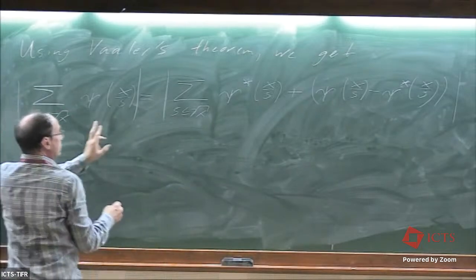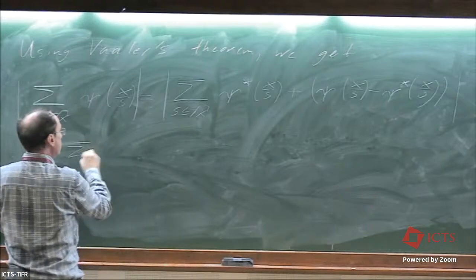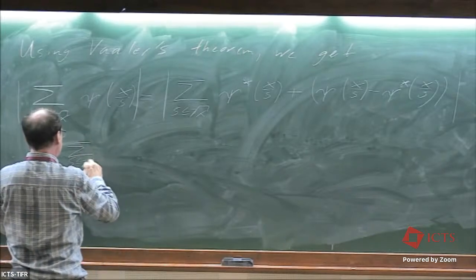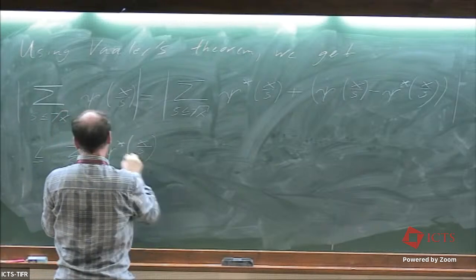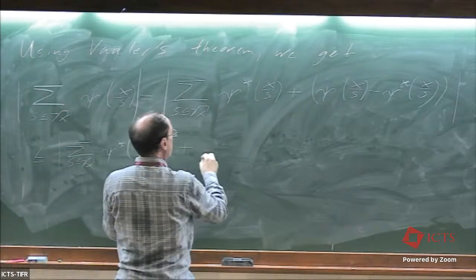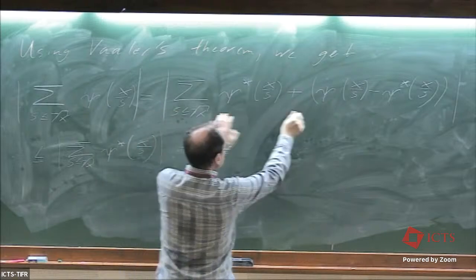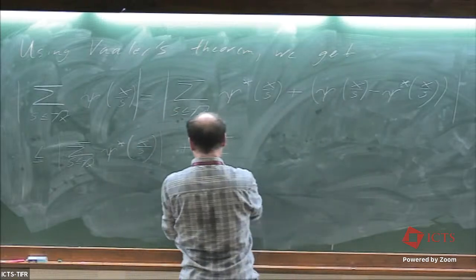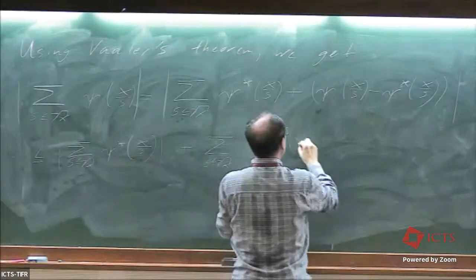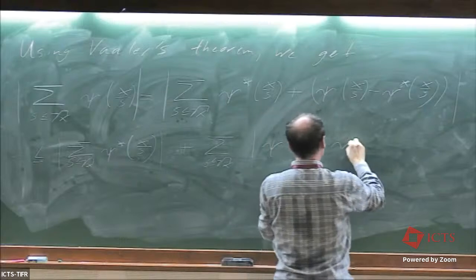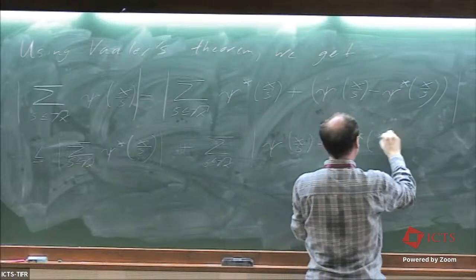Is bounded by, we use the triangle inequality, the sum over s less or equal square root x of psi star x divided by s, plus, we can pull in the modulus here, the sum over s less or equal square root x of psi x divided by s minus psi star x divided by s.